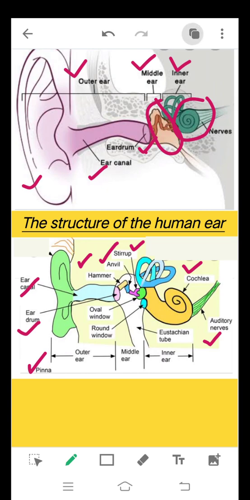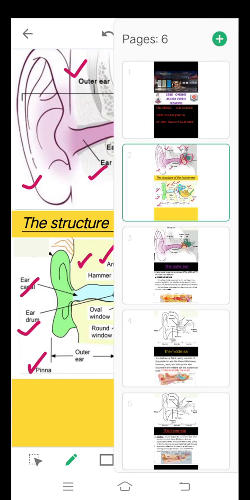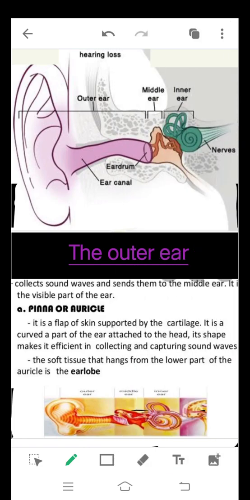Now let's study each part in detail, what exactly these parts are doing. First of all, the ear pinna. This is a flap of skin supported by cartilage. It is a curved part of the ear attached to the head.